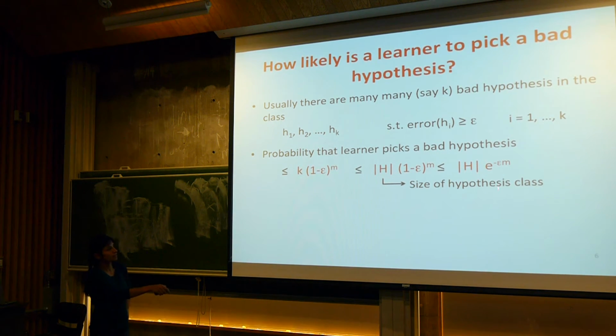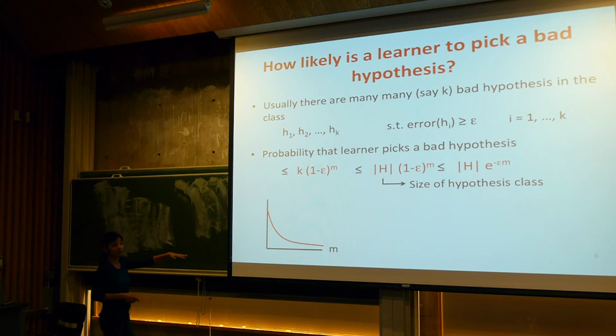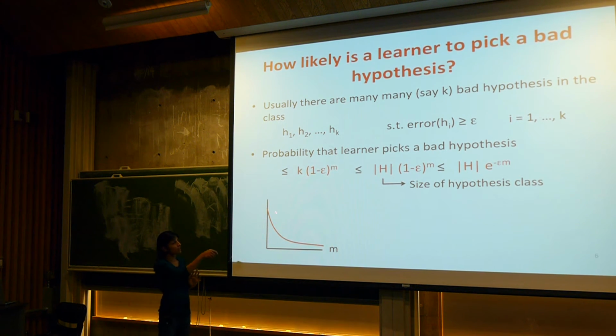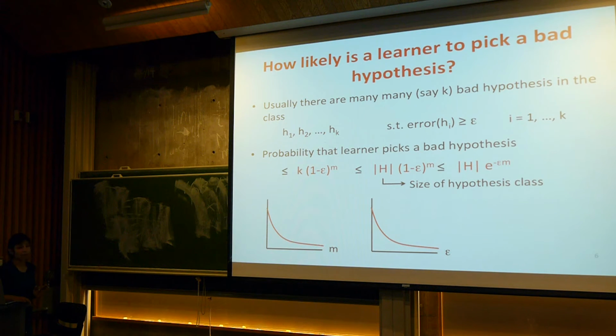Which makes sense. Let's look at plots for these. As m, the number of data points, increases, the probability that the learner picks a bad hypothesis goes down. Let's think about epsilon.